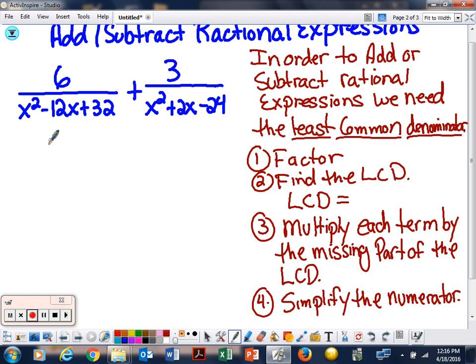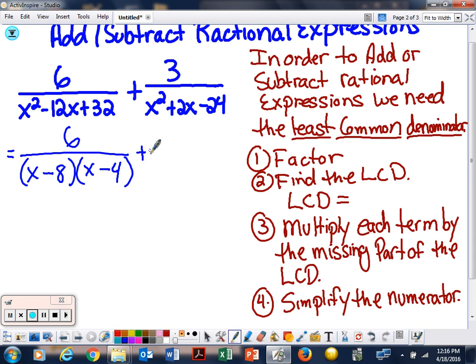All right, so let me take the denominator and factor it. So factors of 32 that are going to add up to negative 12. Well, that would be minus 8 and minus 4. Negative 8 times negative 4 is 32. Negative 8 plus negative 4 is negative 12.